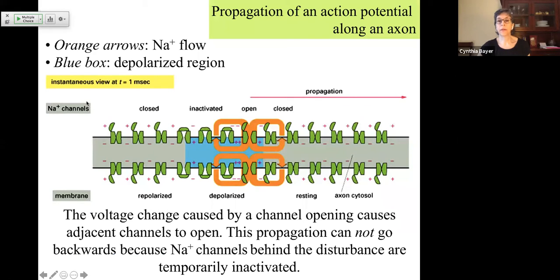That is because the cell is going to maintain a sodium ion concentration gradient across the membrane. That's an essential feature of a cell being alive, is having this concentration gradient of these ions.